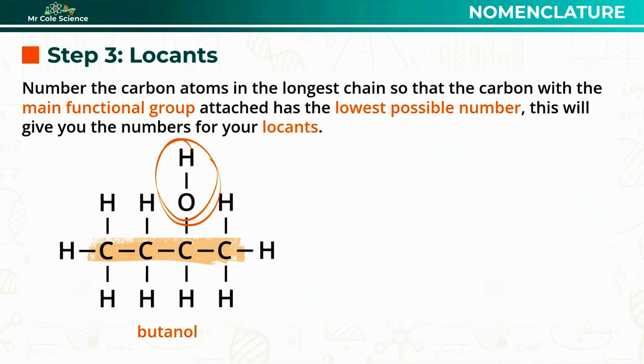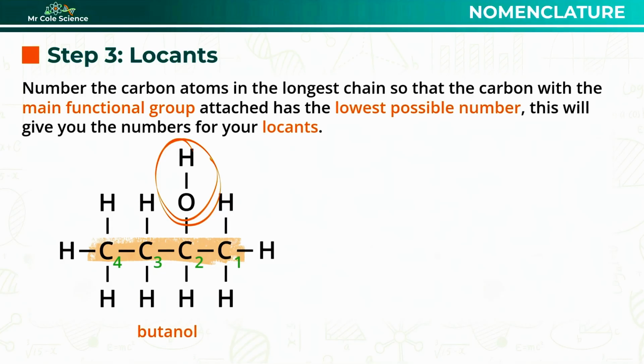Well, I could start my numbering at the carbon on the left-hand side, giving me 1, 2, 3, and 4 like this, meaning the hydroxyl group is attached to the 3rd carbon atom. But we're trying to ensure that the carbon atom the hydroxyl group is attached to has the lowest possible number. If I were to start my numbering from the right-hand side instead, the hydroxyl group ends up being attached to the 2nd carbon, which is the lowest possible number we can get.